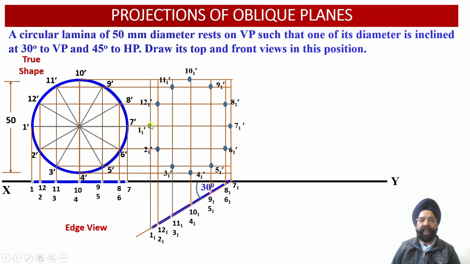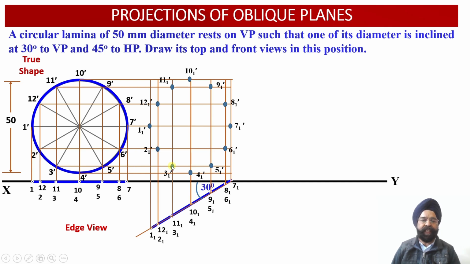So here we can see this is the point 1 1 dash. This point has been obtained over here by virtue of the intersection of the vertical projector drawn through the point 1 1 and the horizontal projector drawn corresponding to the point 1 dash. Similarly, this point is 2 1 dash. We can check this is the vertical projector through the point 2 1 and it intersects with the horizontal projector emerging from 2 dash.